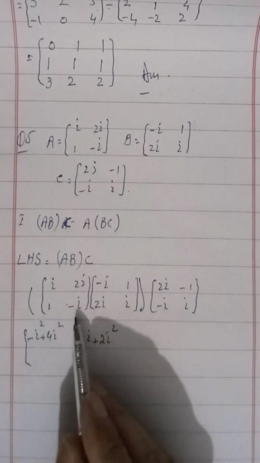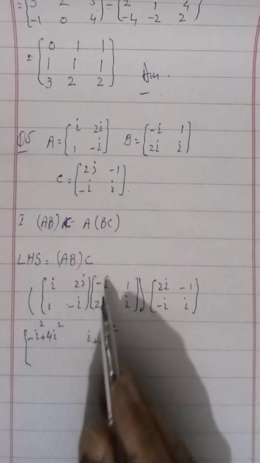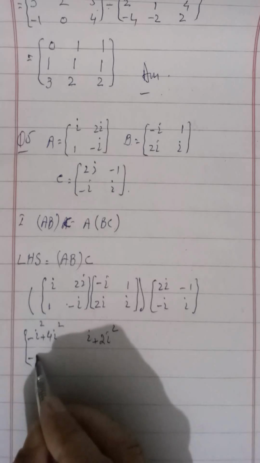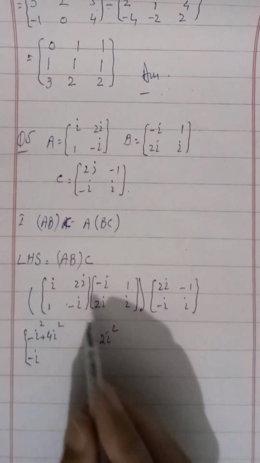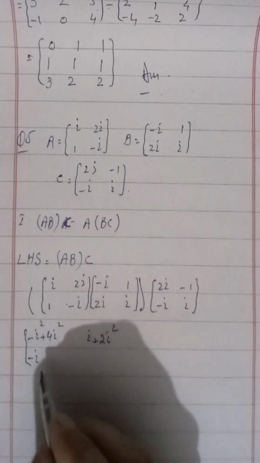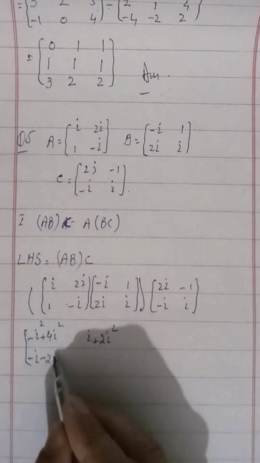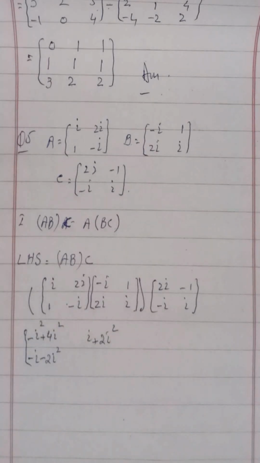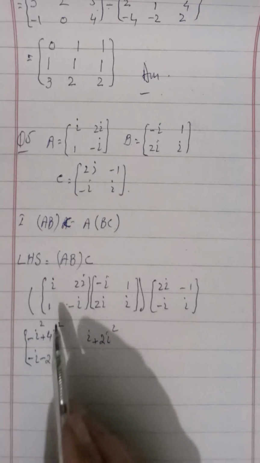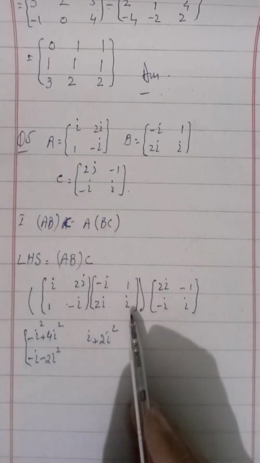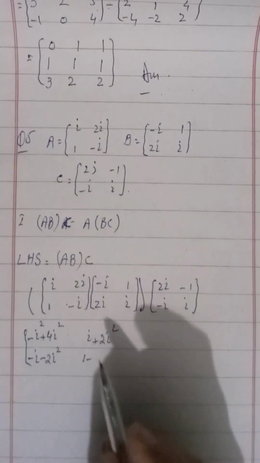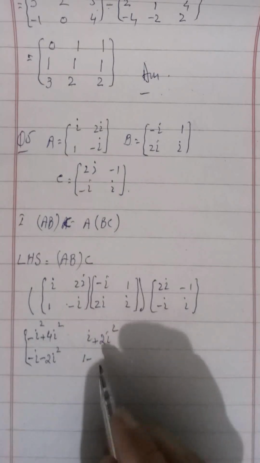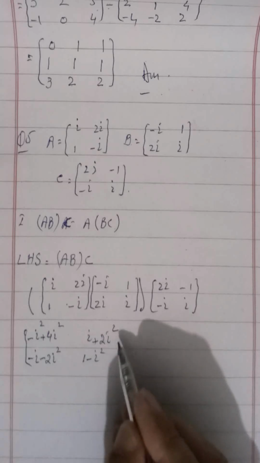And now the second row with the first column, 1 multiplied by minus iota is equal to minus iota, and the second number is minus iota multiplied by 2 iota is minus 2 iota square. And then second row with the second column, 1 multiplied by 1 is 1, and minus iota multiplied by iota is equal to minus iota square.